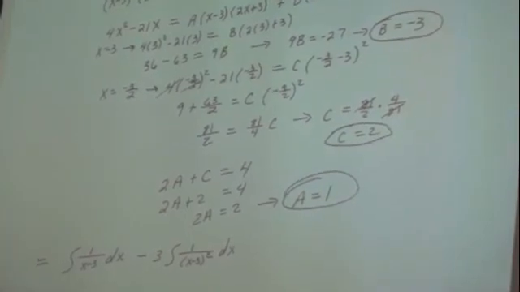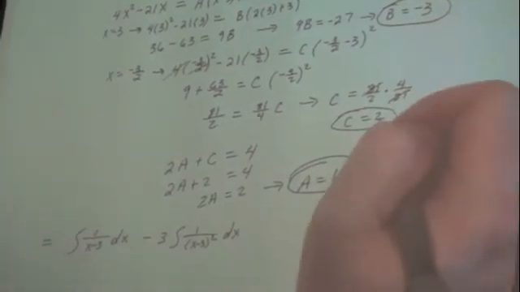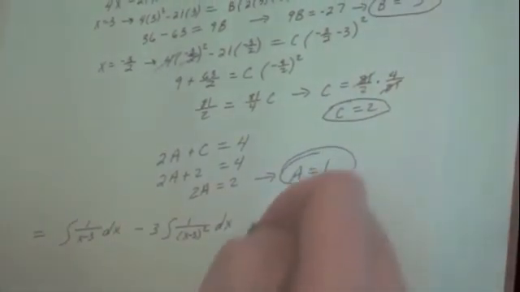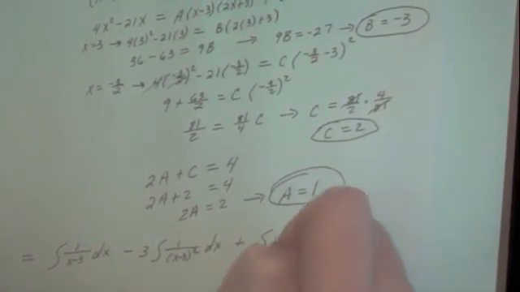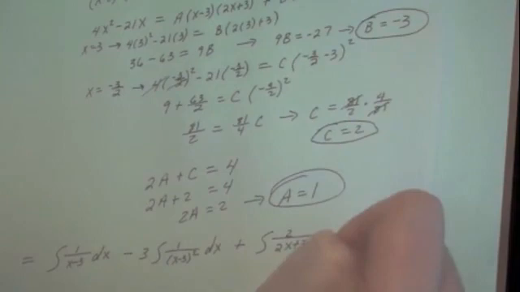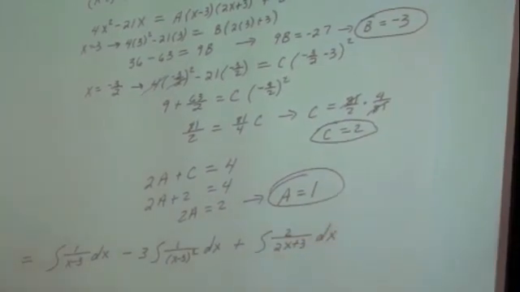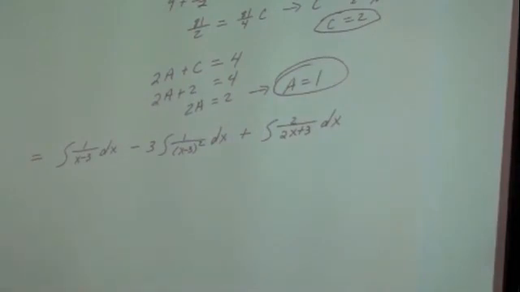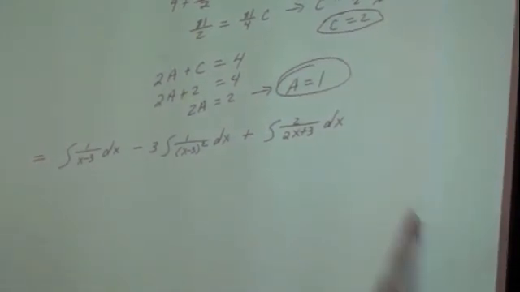And then the C was a 2. I want to leave that 2 inside there. So I'll say plus 2 over 2x plus 3. Guys, does it make sense why I pulled the 3 out in the second one and chose to leave the 2 in the third one? Yes. You always want to see the derivative of the denominator in the numerator.